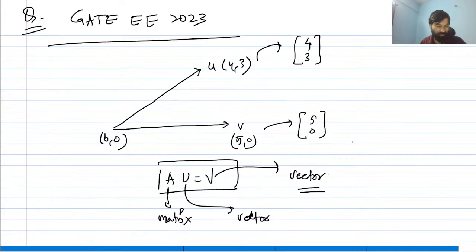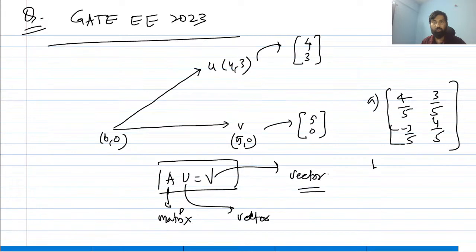So in the exam, they have asked you to find the matrix. Which matrix is correct? Option A: 4 by 5 and 3 by 5, then minus 3 by 5 and 4 by 5. Option B is 4 by 5, minus 3 by 5; these are the elements of the matrix. Then 3 by 5 and 4 by 5.